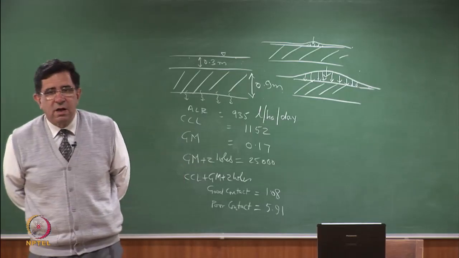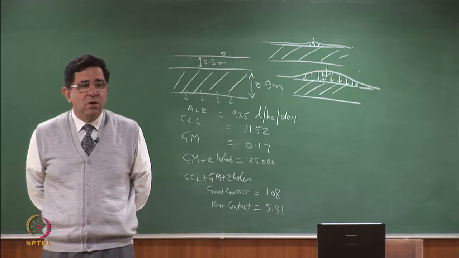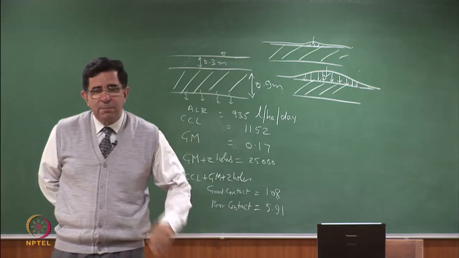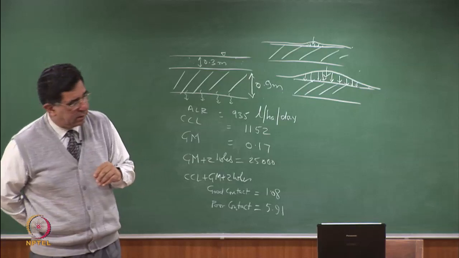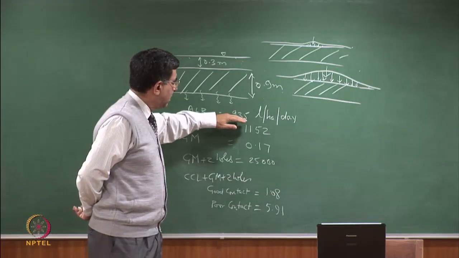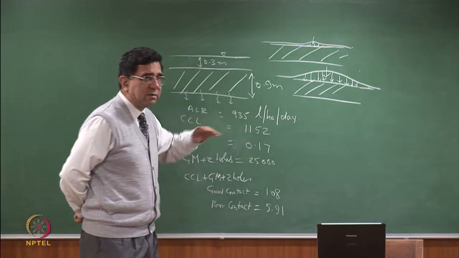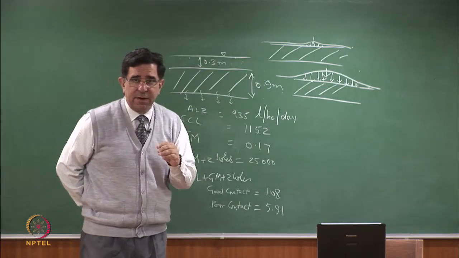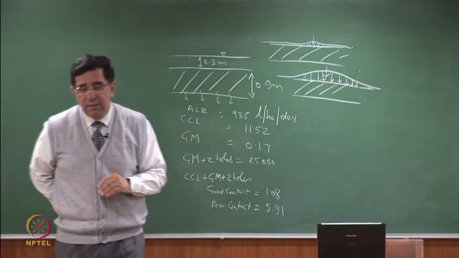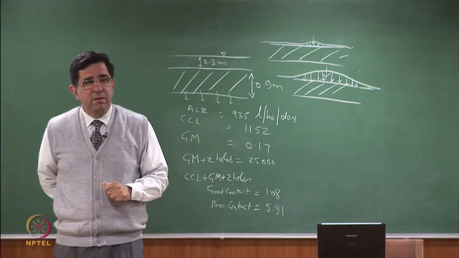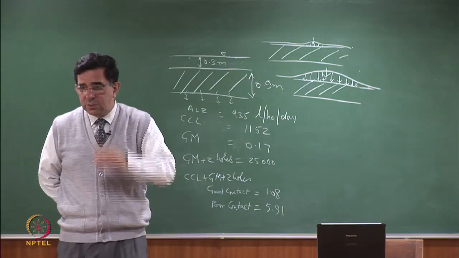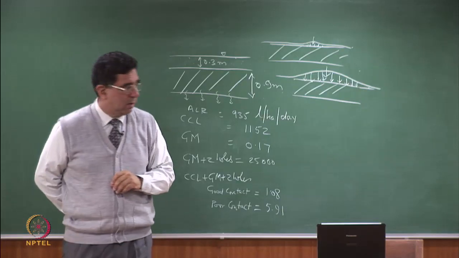So what do these examples show us? The examples show us that our action leakage rate is about 1000 liters per hectare per day, which is what we would get with a compacted clay liner, which is relatively thick and has a head almost equal to the thickness of the leachate collection layer on top.